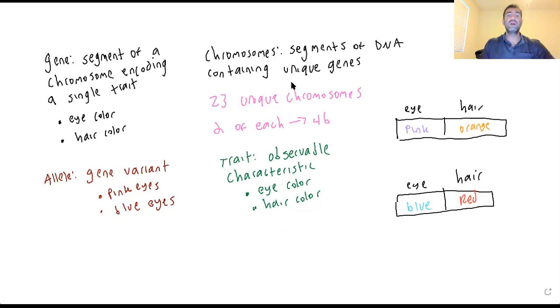Now, when we talk about classic genetics, get used to hearing two terms a lot. One is going to be genotype, and the other is going to be phenotype. A genotype is the combination of inherited alleles.